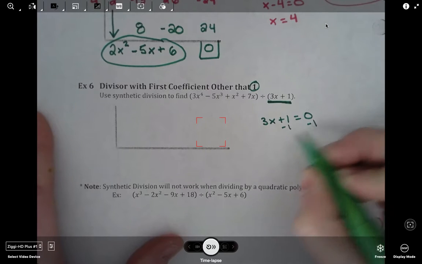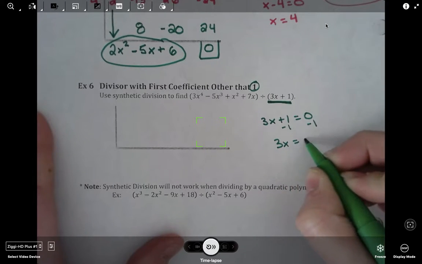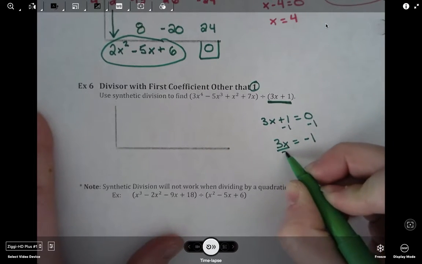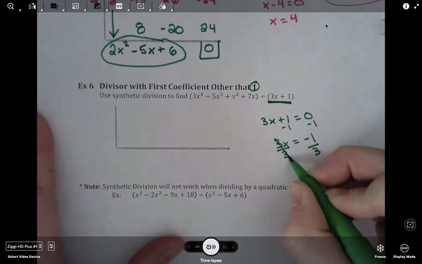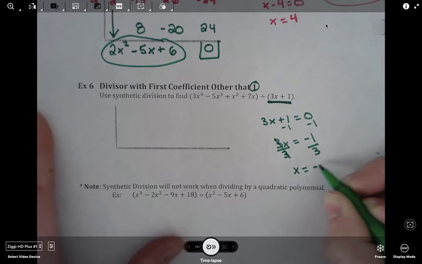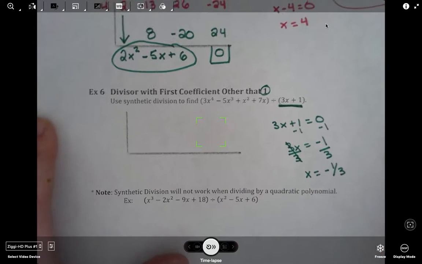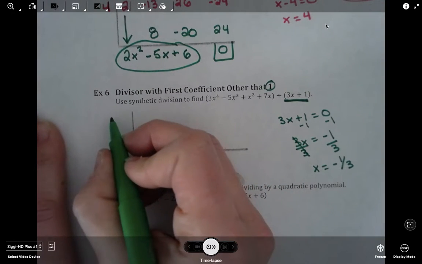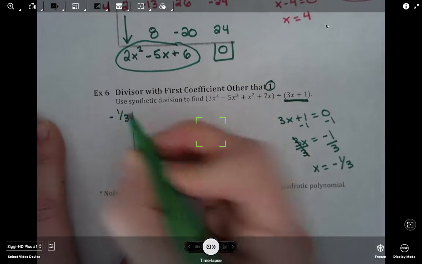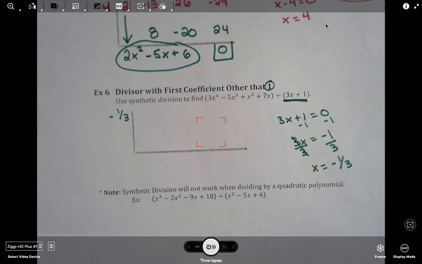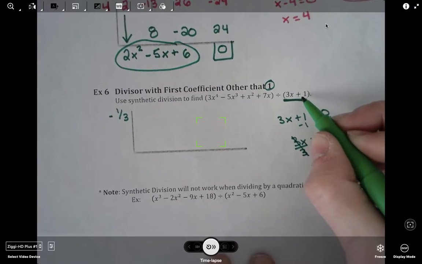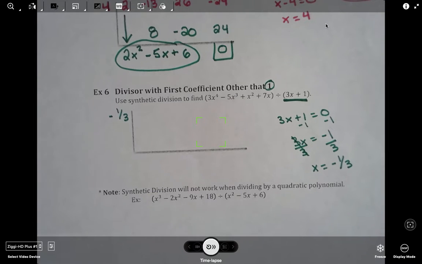Minus 1. 3x equals negative 1, and then divide by 3. X equals negative 1/3. Uh-oh. Where does that go? On the outside. Negative 1/3. It should be negative because it was positive in here, right? It's the opposite. Good question, though.